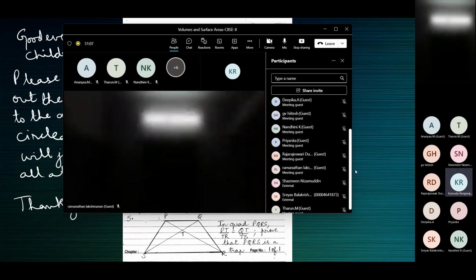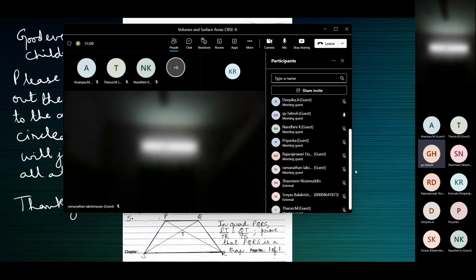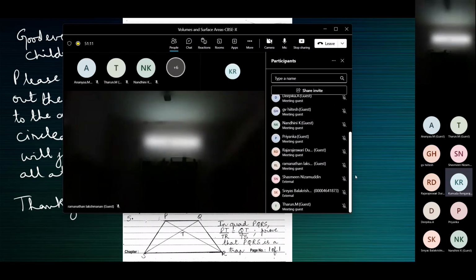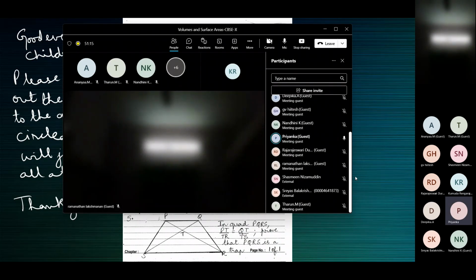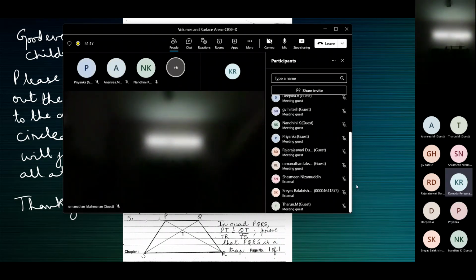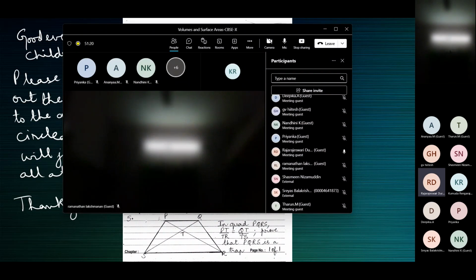Hitesh, what did you say? I'm doing it. Okay. Priyanka? I'm working. All right. Raja Rajeshwari? 55 minutes I got. All right. Ram said 55, right? Yes, ma'am. Okay. Sashmin?